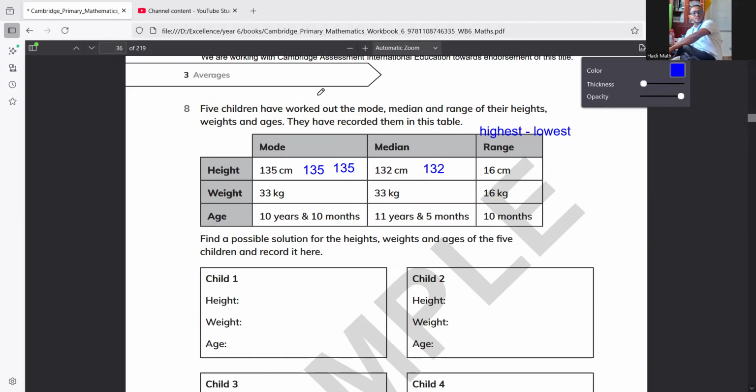Let's say these are my numbers. This is the first one. This is the second child. This is the third child. This is the fourth child.